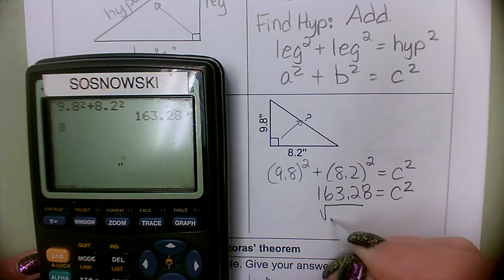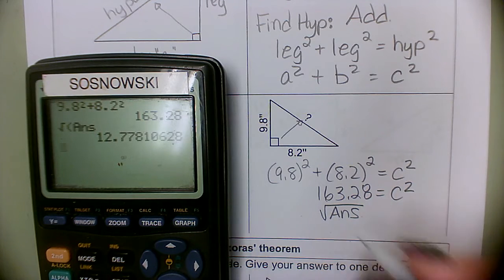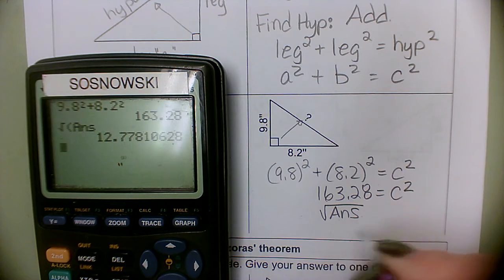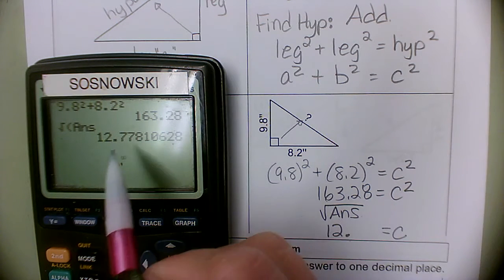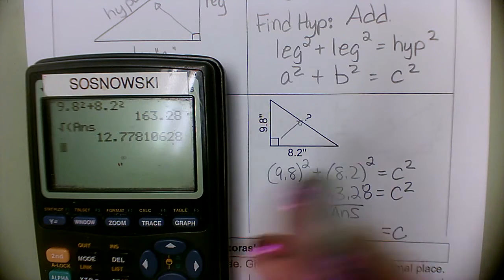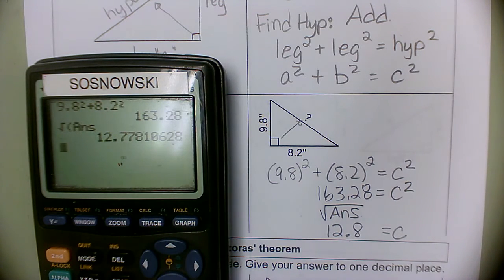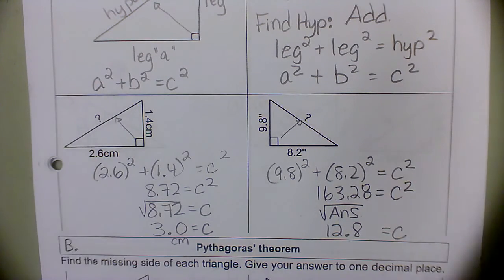Now I'm going to square root that answer, second function square root, second function answer. This time I get c equal to 12.8, because 77 is closer to 8. So that is finding a hypotenuse.